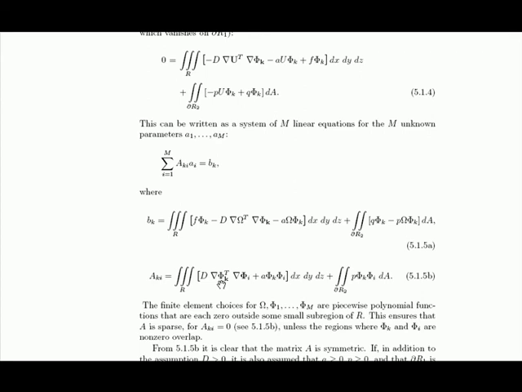In other words, they're going to be piecewise polynomials, basically, which are non-zero only on a small portion of the region. Therefore, for most k and i, either phi k or phi i will be 0 at all points in the region. We'll give some examples in a minute, but that way for most k and i, a_ki will be 0, because in the entire region either phi k or phi i will be 0, and therefore all of these terms vanish for most k, i.